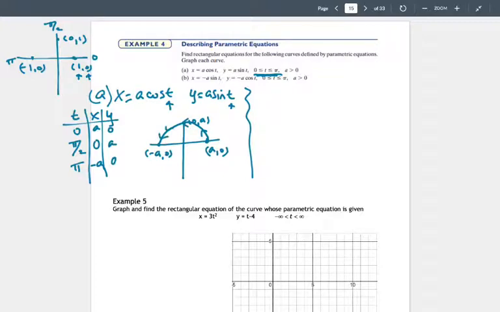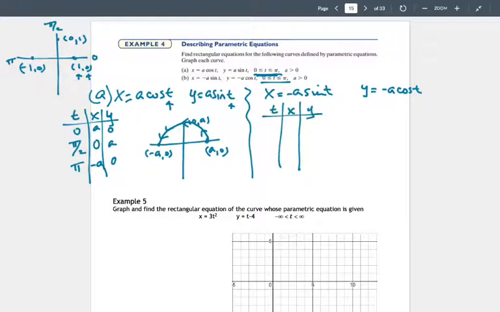On the next one, we have x equals negative a sine of t for the x, and for the y, we have negative a cosine of t. Again, we're doing it from 0 to pi, so I'm going to do another table, and I'll do the quadrantals again. I'm plugging in those t values as the angles for each of these.